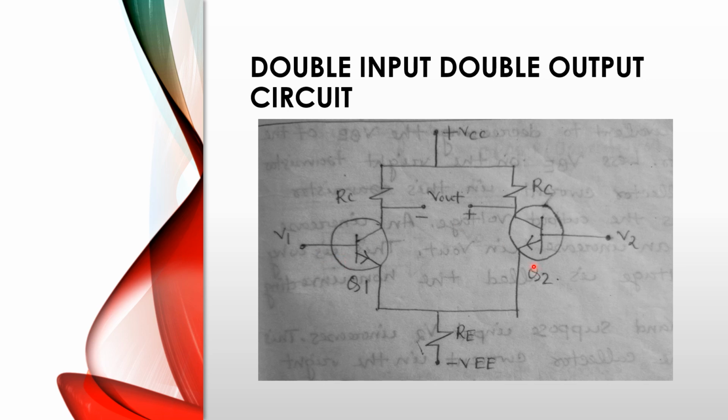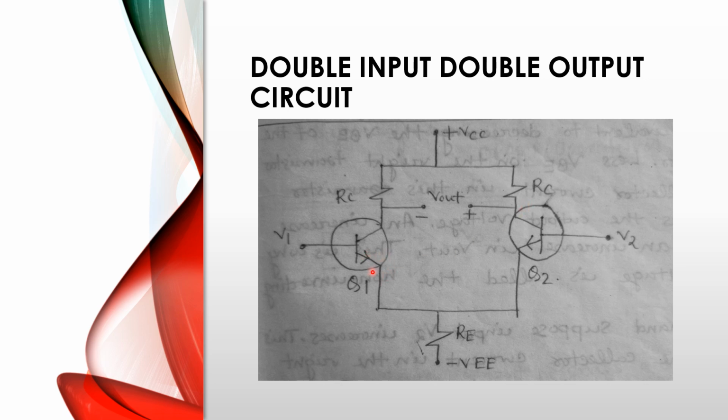Q1 and Q2 are identical and both are NPN transistors, right? This is the base terminal, this is the collector terminal, and this is the emitter terminal of the Q1 transistor. For the Q2 transistor, this is the emitter terminal, this is the base terminal, and this is the collector terminal, right?